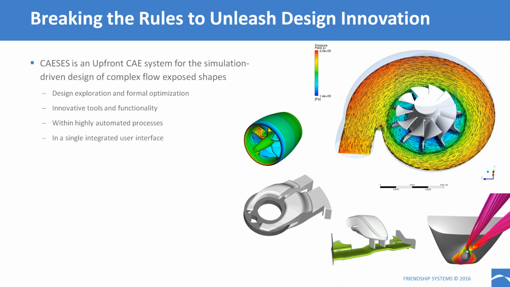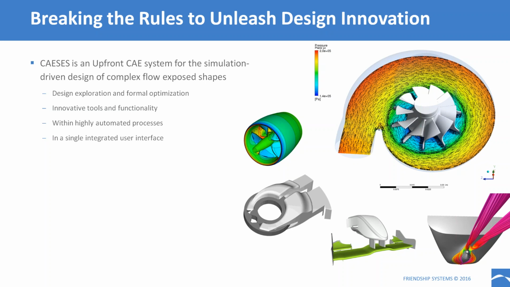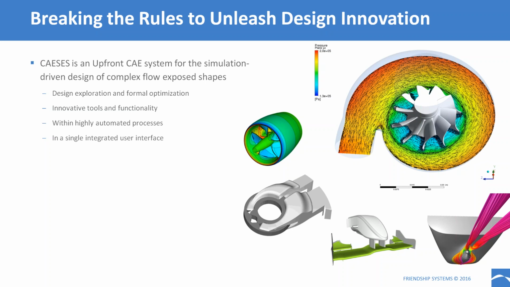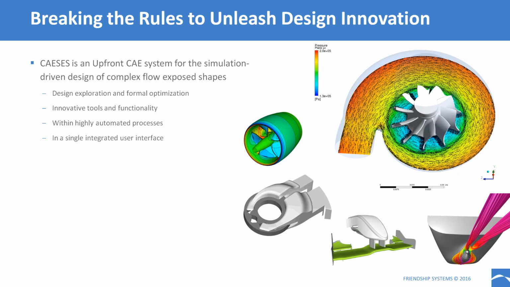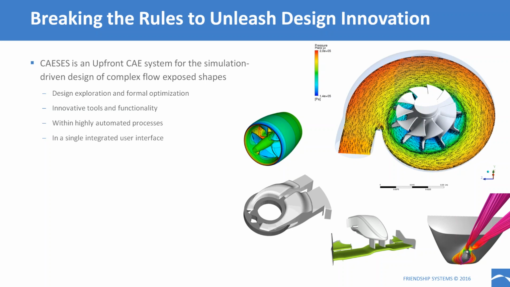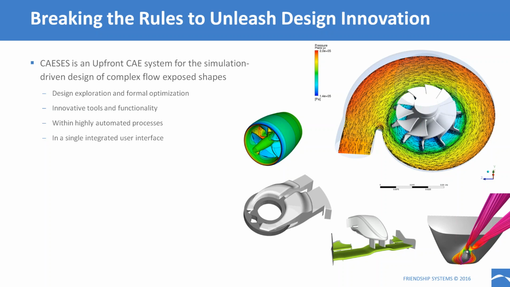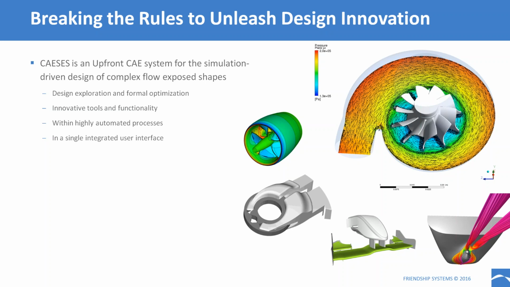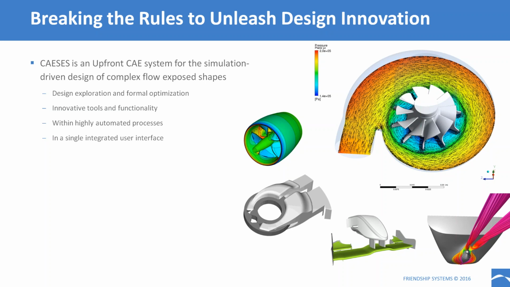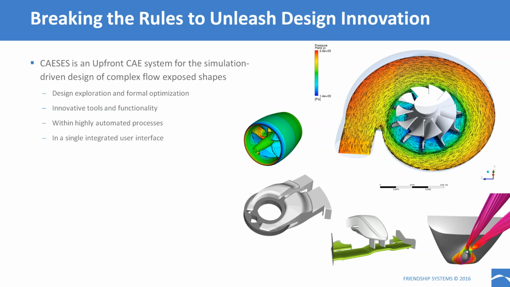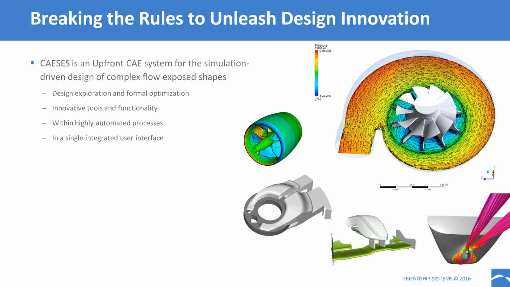CAESES is meant to serve as a platform to run design explorations and formal optimization. And we try to offer all the necessary tools and functionality for doing that, everything within a highly automated process and in a single integrated user interface.